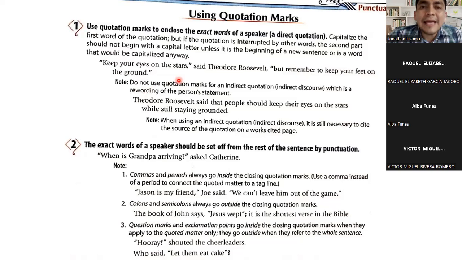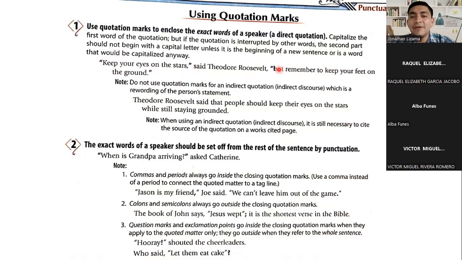O en el suelo. Si lo coloco al inicio, no necesito separar las quotations, pero como en este caso yo decidí poner en medio quien lo dijo, lo separo, pero sigue siendo parte de la oración. Keep your eyes on the stars. Look at this one. Open the quotations, capitalize the first letter, keep your eyes on the star, comma. Why?